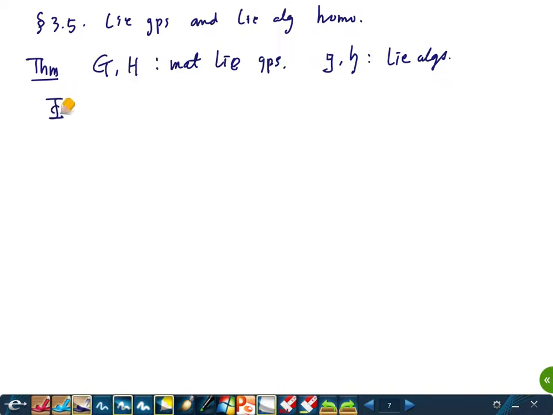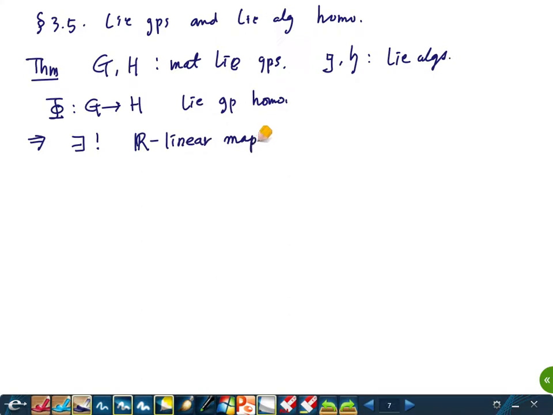And suppose that we have a Lie group homomorphism Φ from G to H. Then there exists a unique R-linear map φ from 𝔤 to 𝔥 such that Φ(e^X) is equal to e^(φ(X)) for all X in 𝔤.